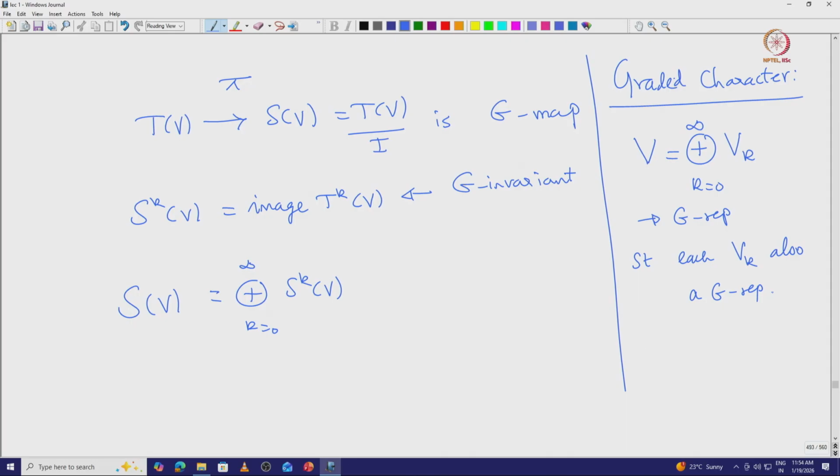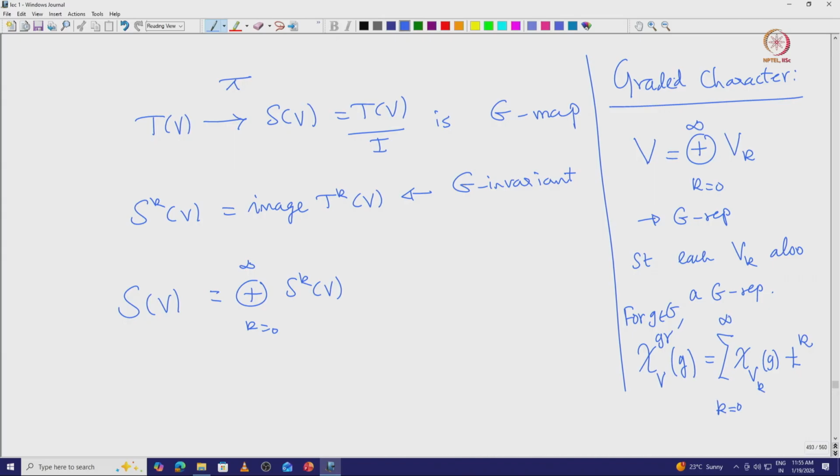Now, what is the graded character of V, applied on g in G? It is defined to be the formal sum of the individual characters of V_k applied on g, and you keep track of that using t to the power k, where k ranges from 0 to infinity.